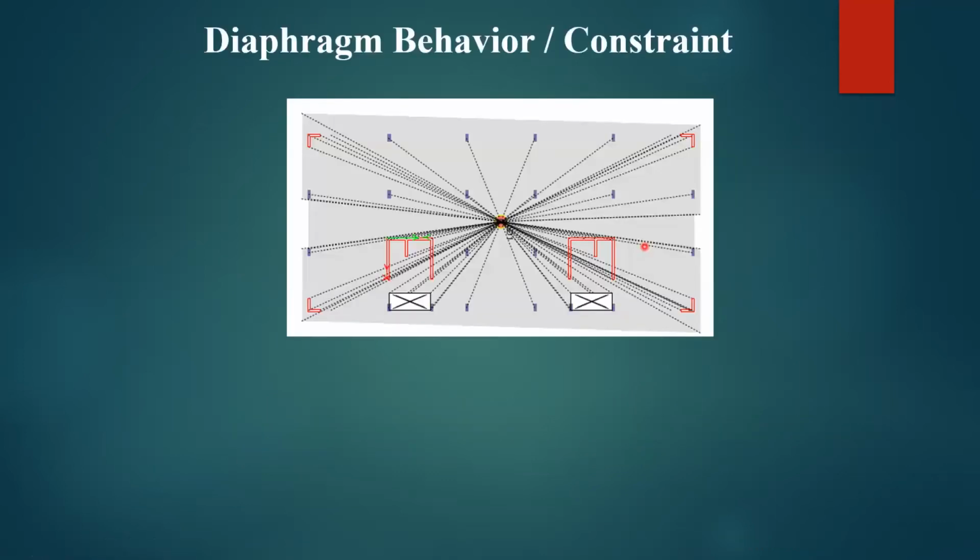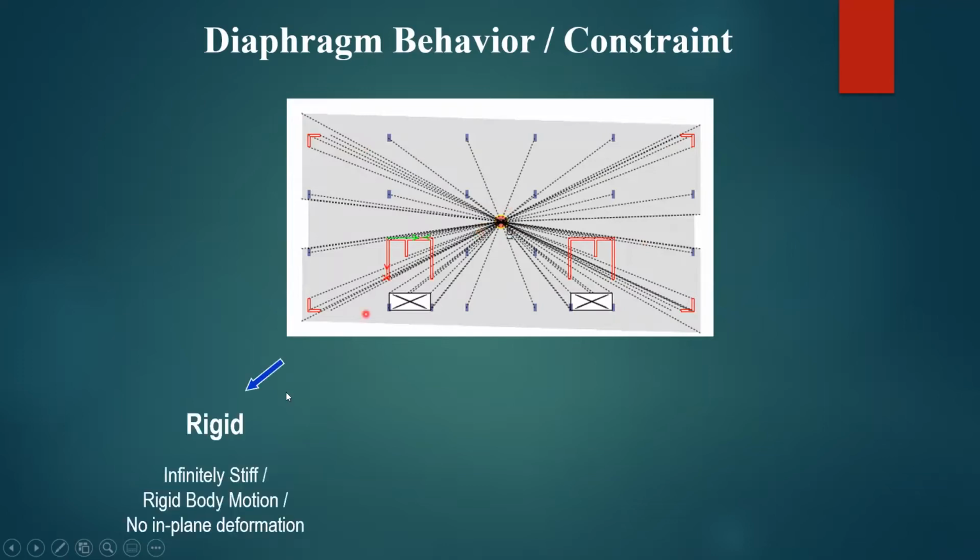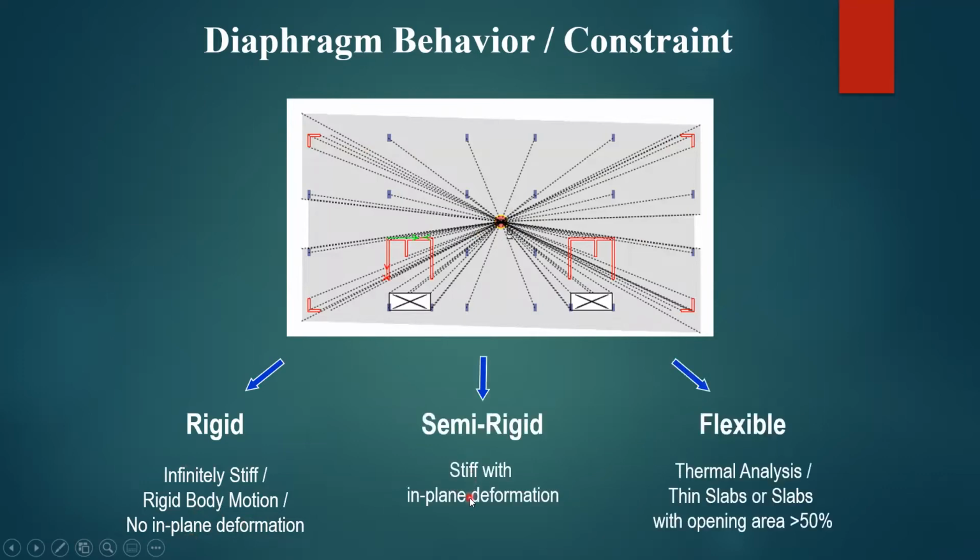So the diaphragm, this one is an example of the diaphragm behavior constraint. See, all the vertical elements will move together because we define the diaphragm as a rigid body, no in-plane deformation. We have semi-rigid, with in-plane deformation, and flexible, for a thin slab or slab with opening area.